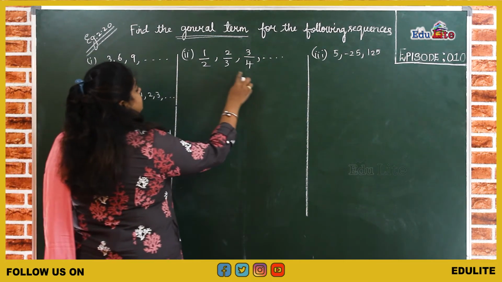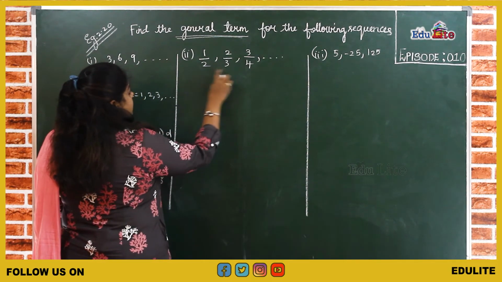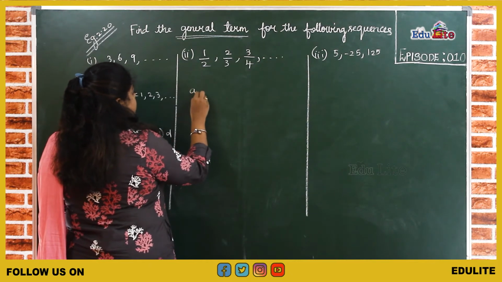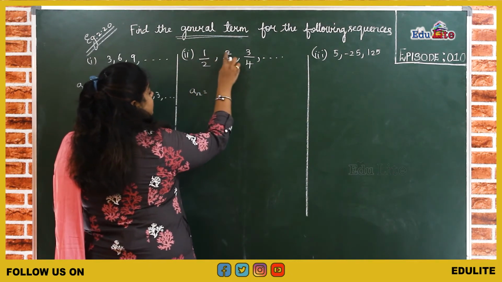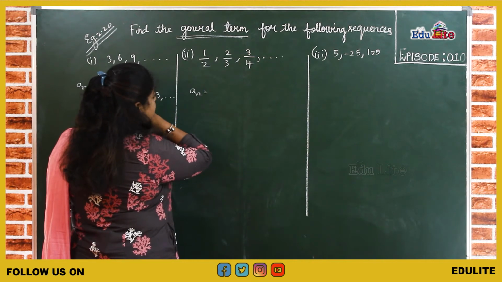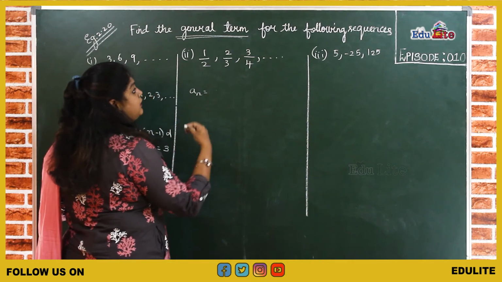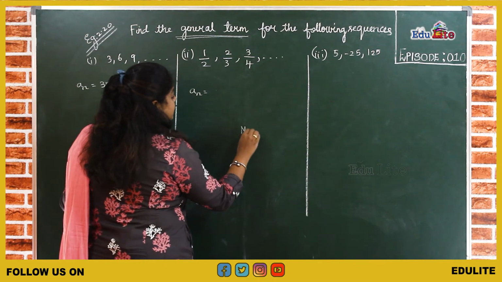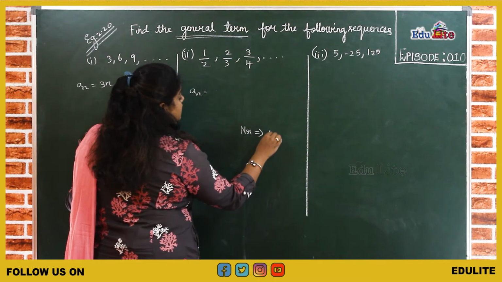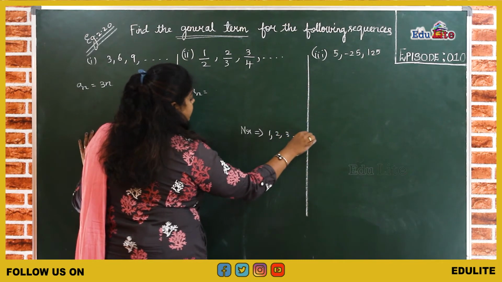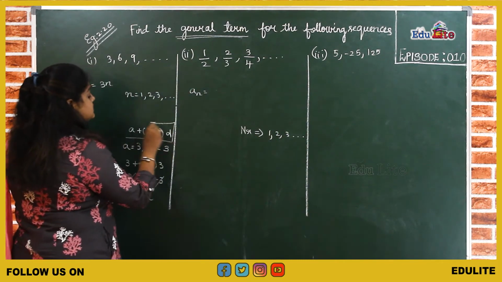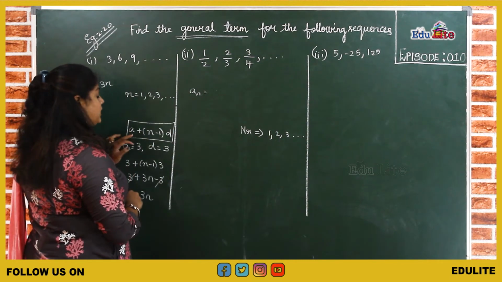Second, we have to write the an for the above sequence. What we have to do is, in the numerator we have to find the nth term, and for the denominator also we have to find the nth term. We will do one by one. For the numerator, the sequence is given as 1, 2, 3, etc. It goes on. We are going to use the same formula, a plus n minus 1 into d.